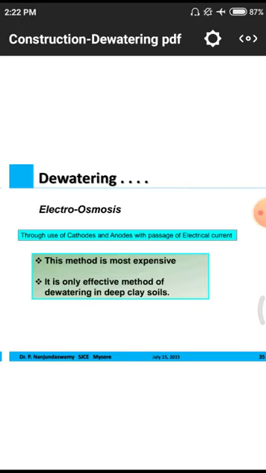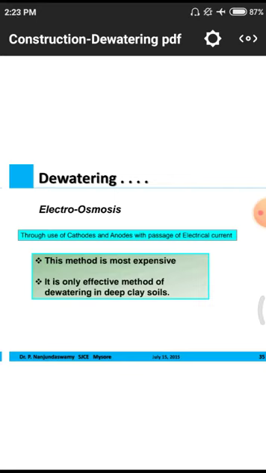This method is the most expensive. Why? Because we need a large quantity of current, and for each unit we have to pay some money, so that the total water dries off by this current. Normally in our house for hot water we use geysers and other things.